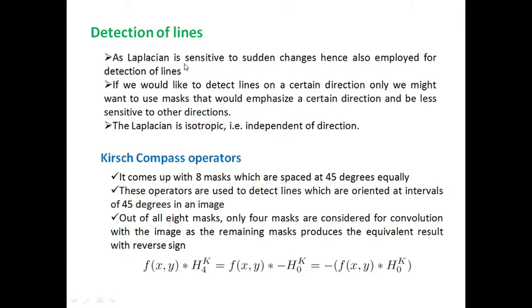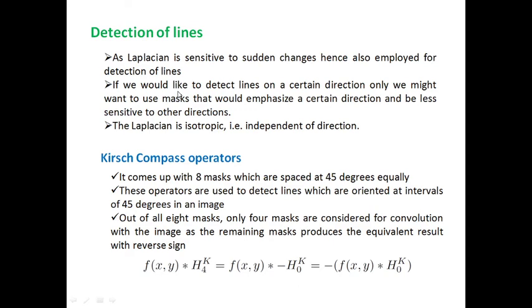So Laplacian is sensitive to sudden changes. So now I can employ this Laplacian in the detection of lines also. There will be some masks which are helpful to detect the lines which are present in certain directions in the given input image.